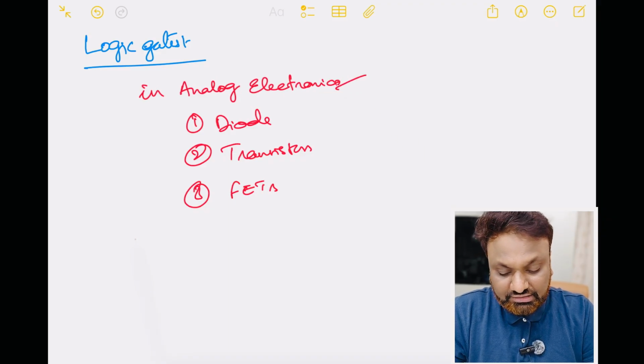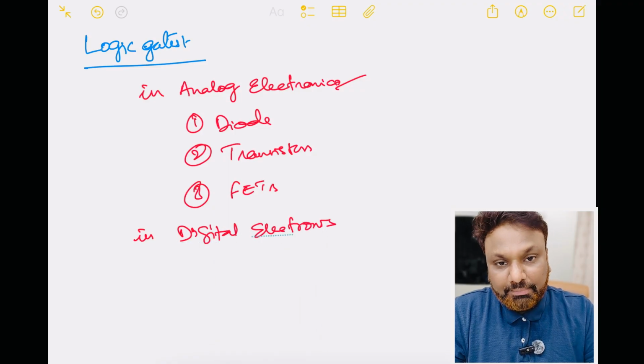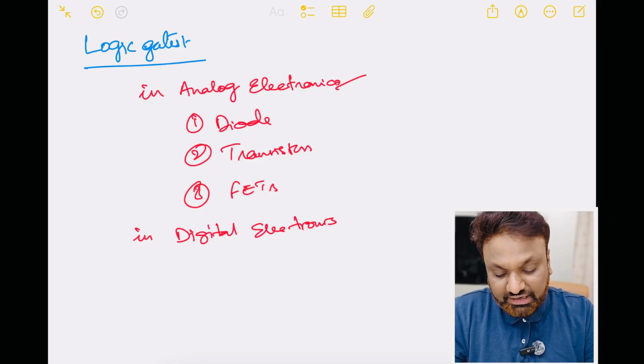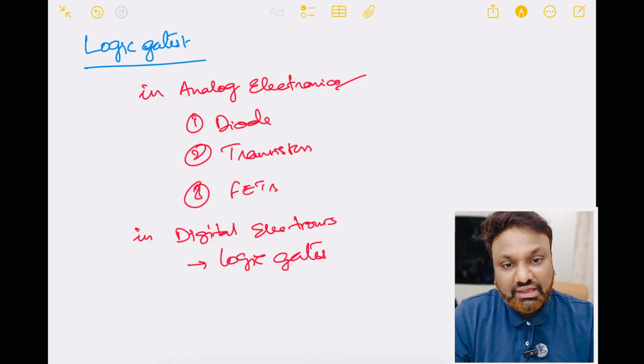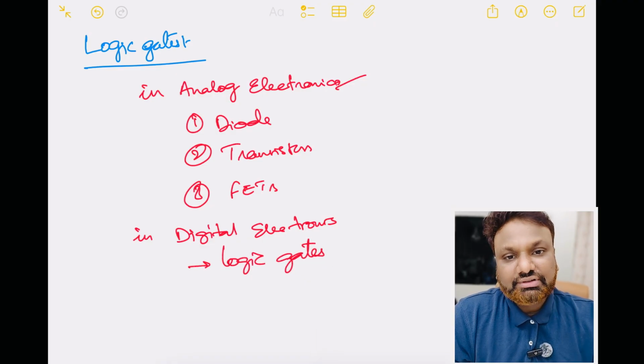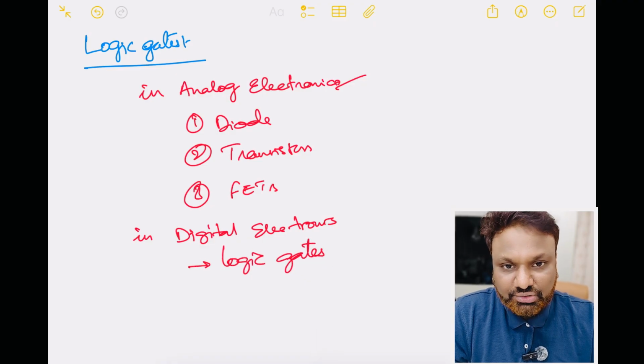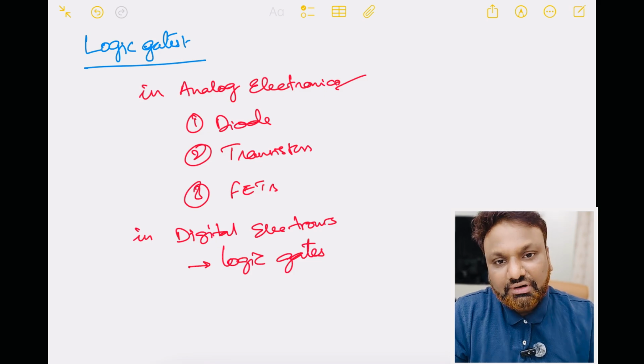In digital electronics, the basic building blocks or basic building devices are logic gates, only logic gates. The rest of all the circuits are made up of logic gates internally. Even if you take a multiplexer, again it's a combination of logic gates.